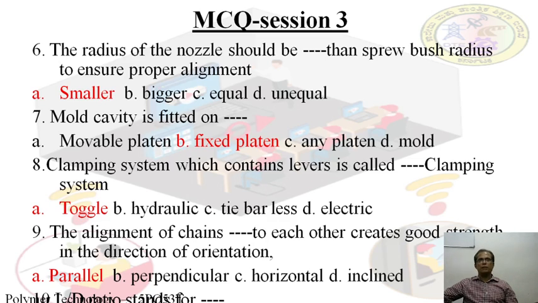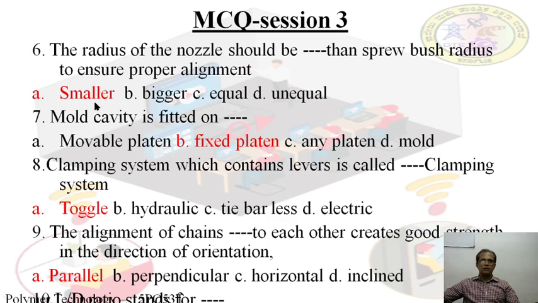Now, question number 6. The radius of the nozzle should be dash than the screw bush radius to ensure proper alignment. Smaller, bigger, equal, unequal.